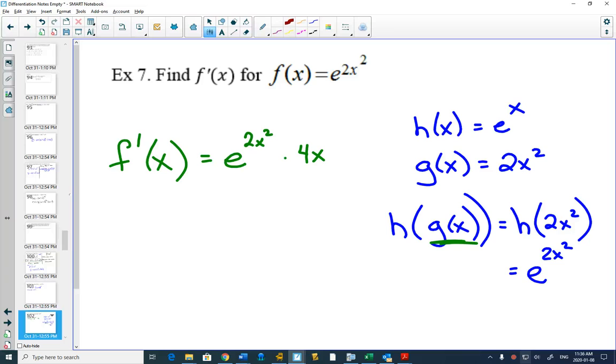And because e to the x doesn't change, it makes you all somewhat confused because you're like, I feel like I didn't really do anything. But you did. You did the derivative of e to the x, which kept everything the same, and then multiplied by the derivative of the inside function. So try this one.